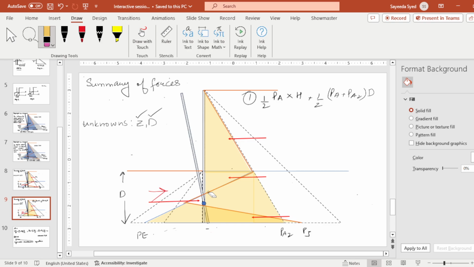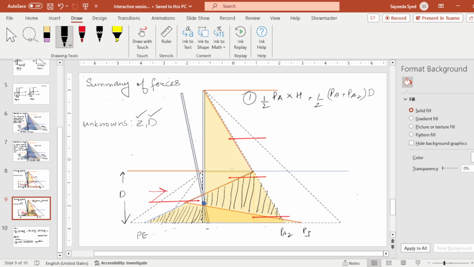We don't want this portion, and we have taken this portion twice, once with the trapezium and once with the triangle. We don't want this portion. We want to subtract this once.